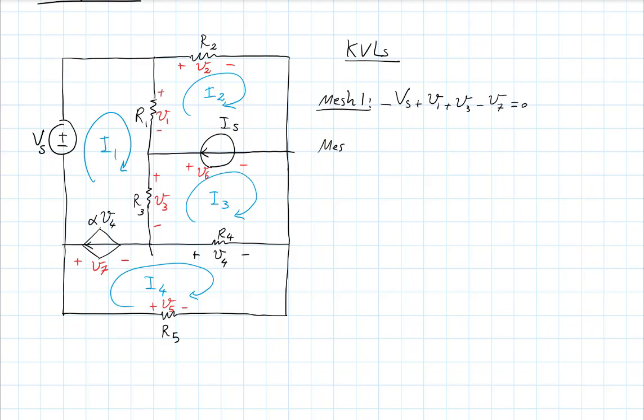Mesh 2: minus little V1 plus V2 minus V6 equals 0. Mesh 3: minus V3 plus V6 minus V4 equals 0.